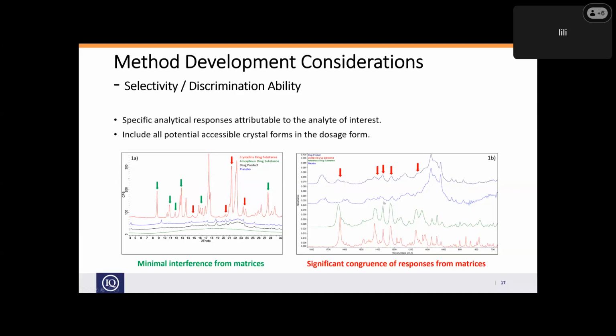These peaks are not optimum for crystallinity analysis, so if we can have a signal with better resolution from the drug product matrix, then we prefer to use those signals. However, where we have no other choice but overlapping signals, we will potentially leverage advanced data processing techniques such as chemometrics to improve the discrimination ability.